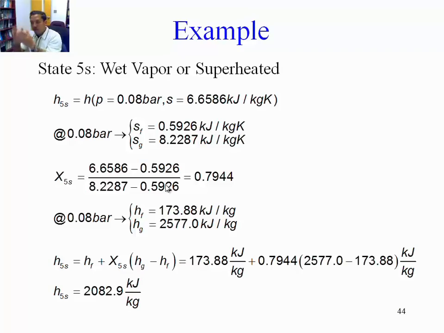So we're farther into the saturation dome, about 80% vapor, 20% liquid. So we look at the enthalpy of saturated liquid and saturated vapor at 0.08 bar, directly out of the table. We already checked that table. We multiply by that quality and we get 2082.9. That's the ideal enthalpy, because we're assuming it has the same entropy. That's the enthalpy of the water coming out of the second exit of the turbine.